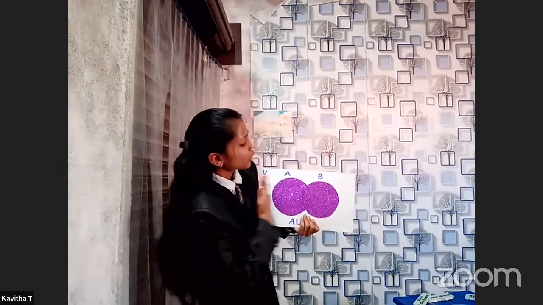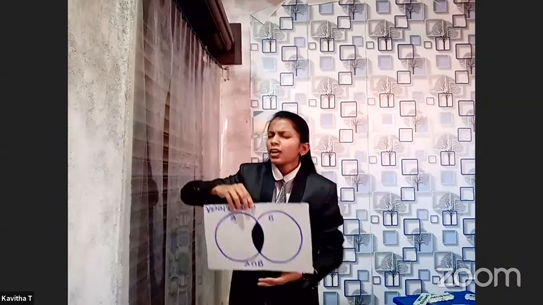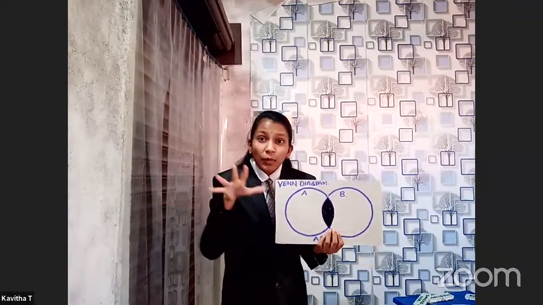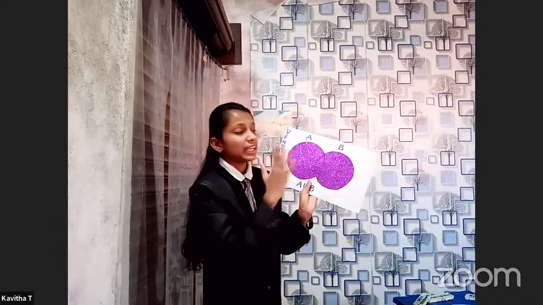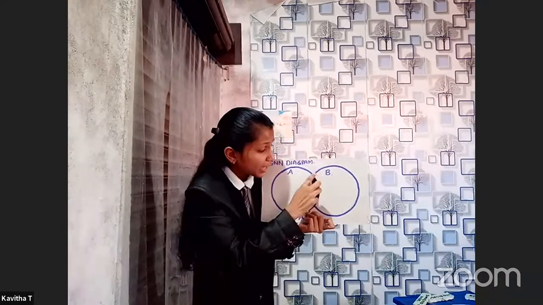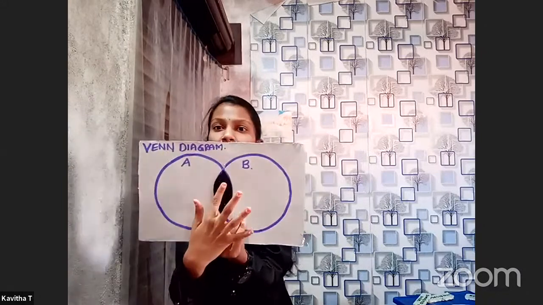That's why we have shaded the total area of it. You can observe here, we have to shade the total area, meaning we take the elements from A and B. Next, A intersection B. Intersection means you have to consider the common elements in set A and set B. In A intersection B, you fill in the middle part, the intersection part.